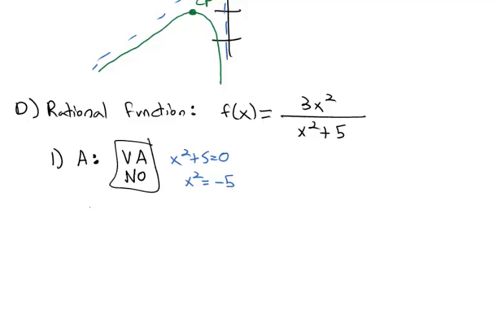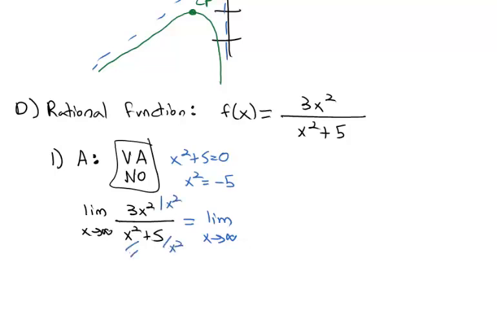In terms of horizontal asymptotes, though, we can take the limit as x goes to infinity of 3x squared over x squared plus 5. If you remember all the way back at the beginning of Unit B, we said the way we can take this limit is we divide each term by the leading coefficient. So we have the limit as x goes to infinity when we divide by x squared on each term.